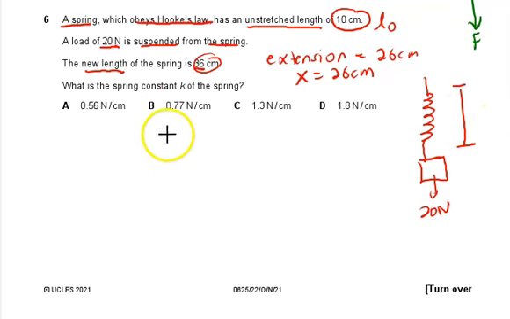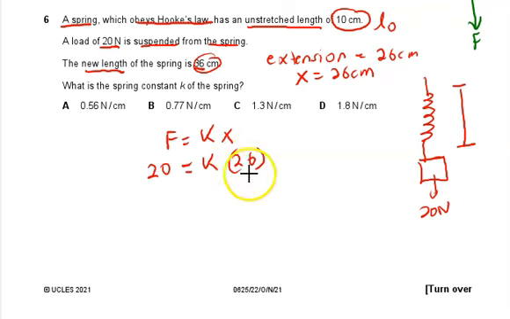So by using Hooke's law, F equals the spring constant times the extension of the spring. So here we have about 20 Newton and here we have about 26 centimeter. So we have to change this to meter, but if you look at the answers, everything is in centimeter.